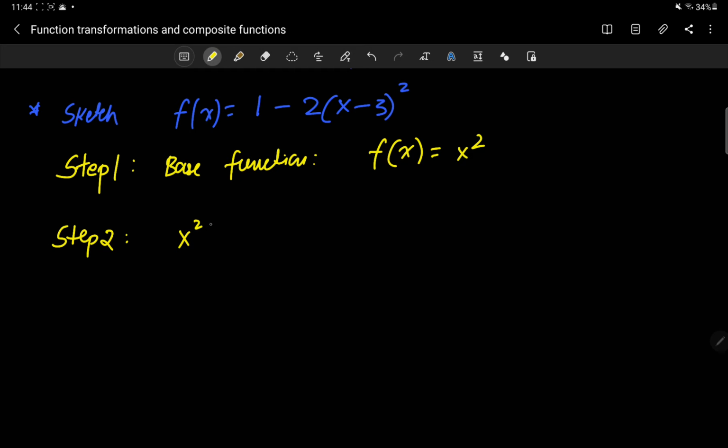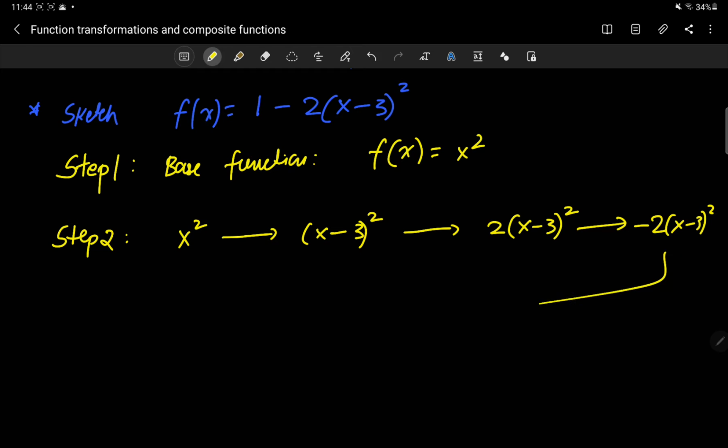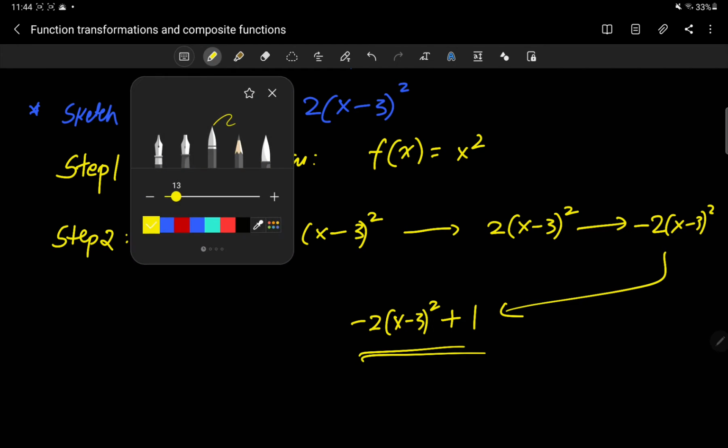It looks like I start with x squared, then I become (x minus 3) squared, then 2 times (x minus 3) squared, then negative 2 times (x minus 3) squared, and lastly negative 2 times (x minus 3) squared plus 1. That's one of the ways in which you can get from x squared to the function you're interested in.